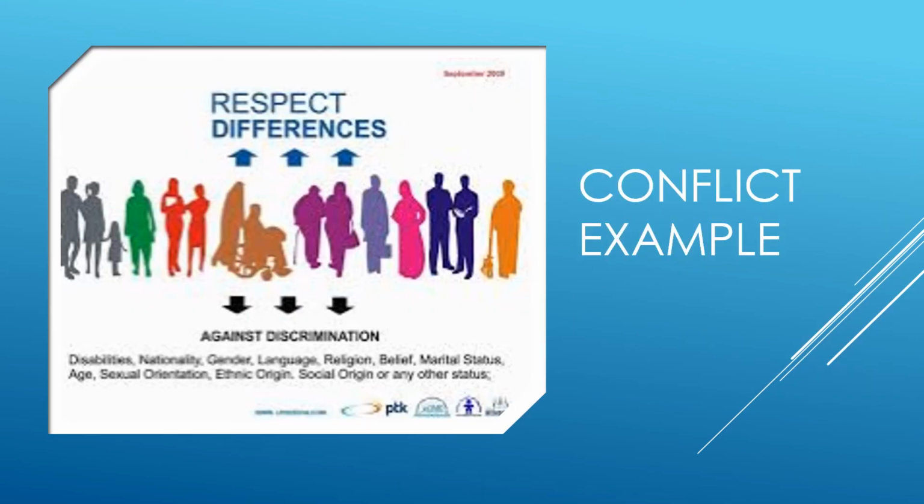So my conflict example is actually something that could happen in both the public and private sector. Discrimination, whether that be against people with disabilities, age discrimination, gender discrimination, race, anything, nationality. So I think a lot of this just stems from a lack of knowledge or awareness about other people's situations. So I would probably go about the training with an education aspect.